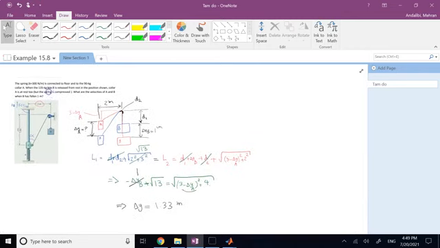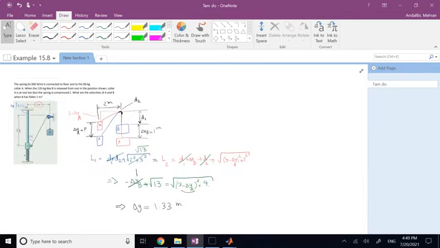Okay, so clearly A does move differently than B. Clearly, you see that the amount of displacement in the same time is different. But also what I can do from this equation that I just derived for relation between delta YA and delta YB, I can also take a time derivative from this equation.